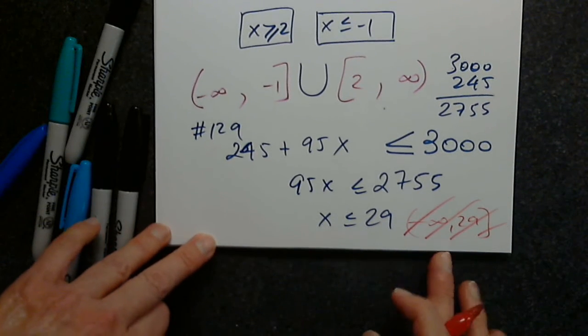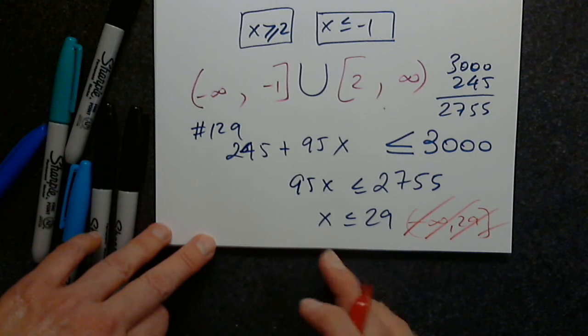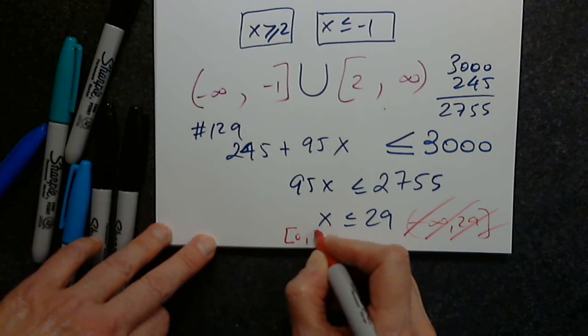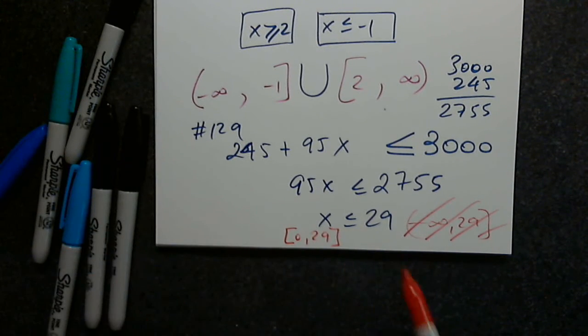That's true. We are talking about number of bags. So I would have to restrict between 0 and 29. Although this is the correct mathematical form of the solution in interval notation of x less than or equal to 29, I can't have -5 bags of cement in the elevator. So I have to think about that, and I just put the interval that makes sense.